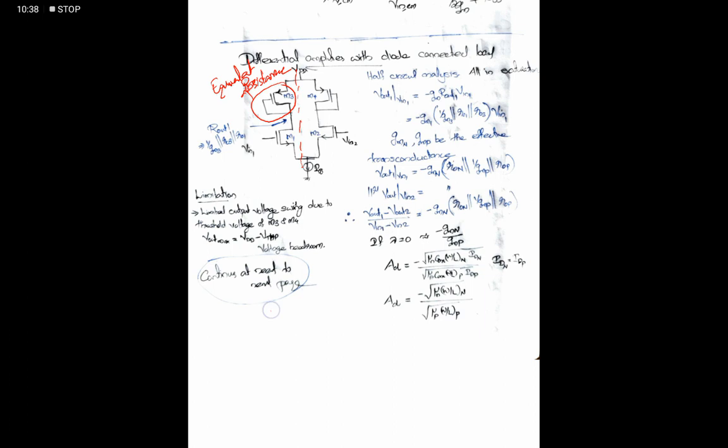Here we give Vin1, and here we assume ground, because for the AC signal this point P is virtually AC ground, and the load resistance is 1 by Gmp, since it is a PMOS, parallel to ROP. Here it is VDD, and this is again a common source configuration.